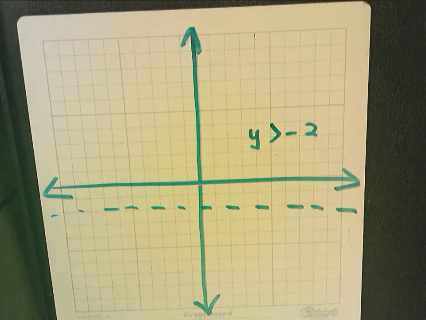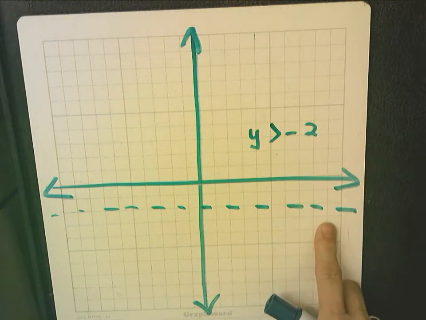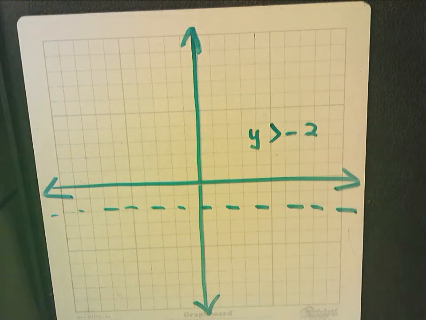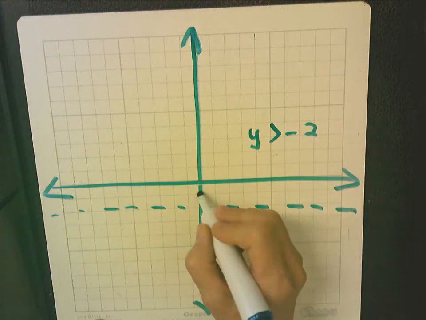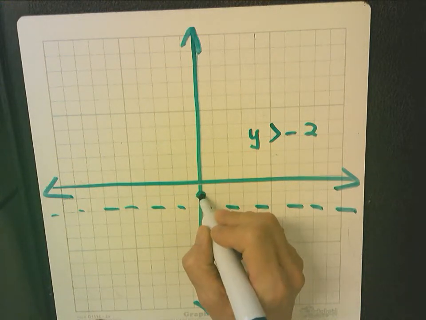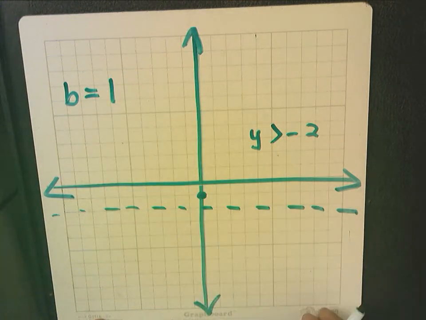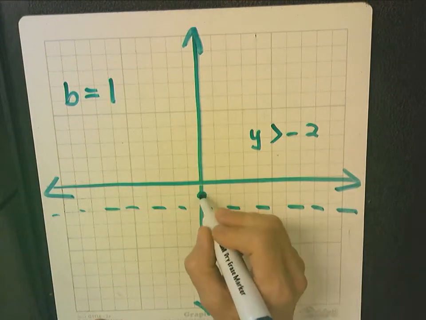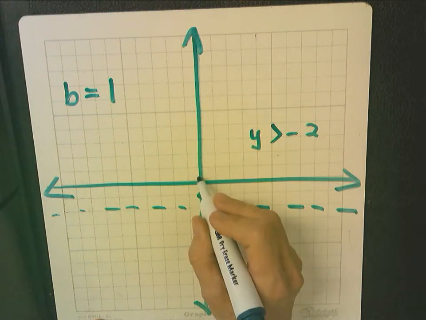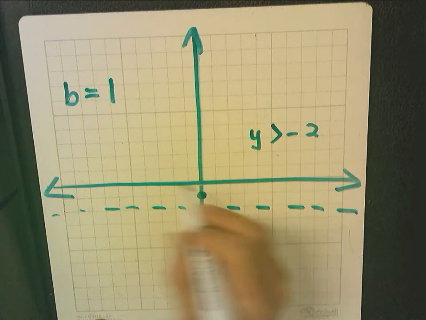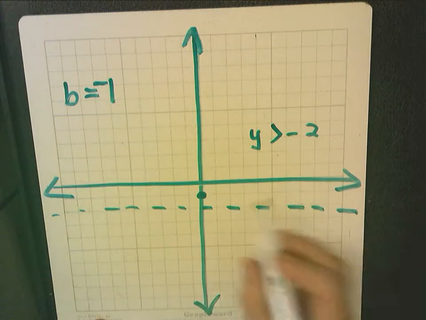It's greater than because it's a dashed line, so it wouldn't be greater than or equal to. Then the other line crosses the y-axis at 1. So if it crosses the y-axis at 1, I know its y-intercept is 1. Then it seems to go, I'm sorry, it crosses the y-axis at -1.